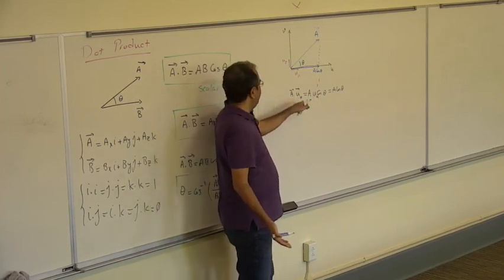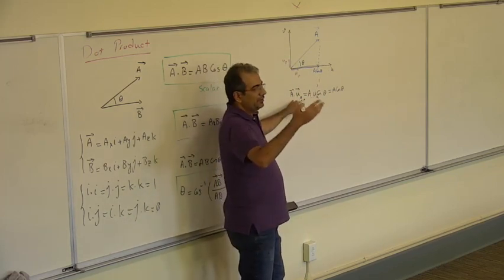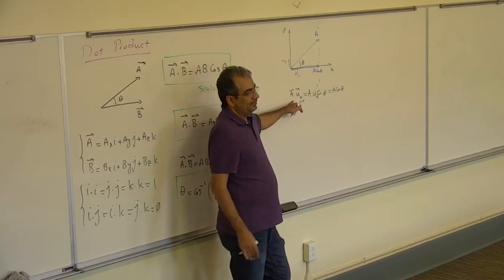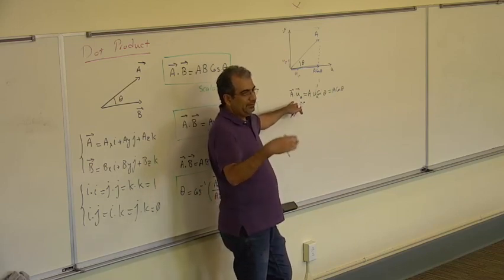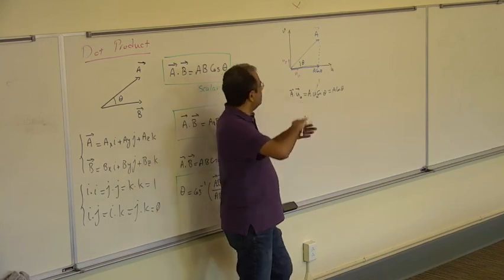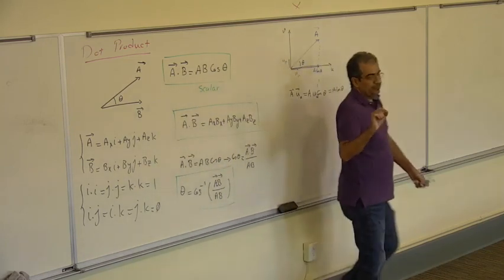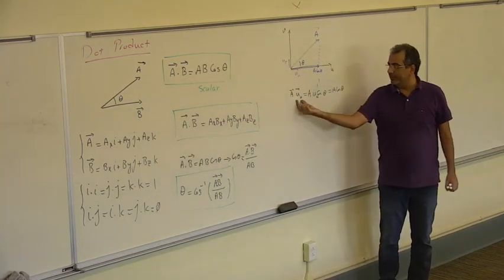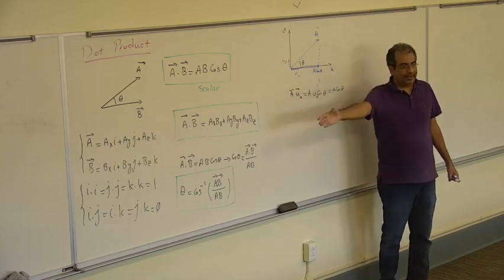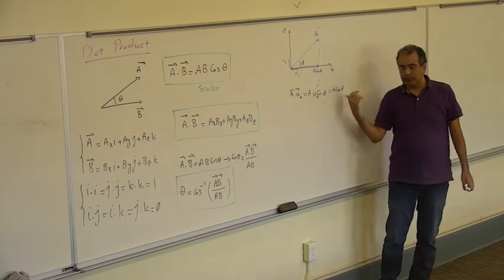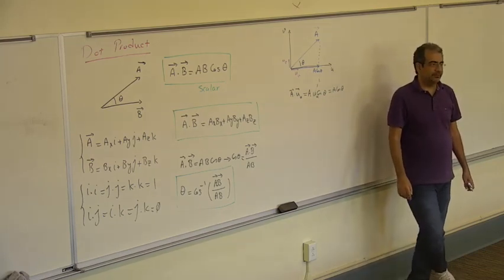So A dot u gives you the projection on that axis. If you have the vector and take the dot product with the unit vector on that axis, it gives you the projection on that axis.